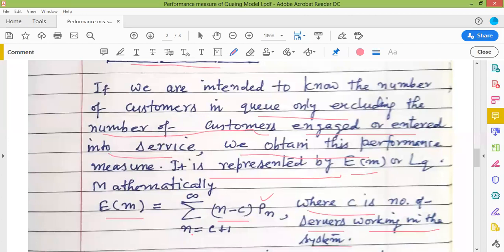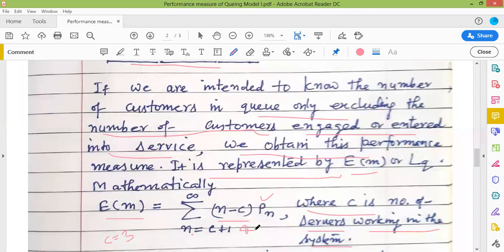If c is equal to 3, for example, then n will start from 4. c plus 1 means 4. So this summation will range from 4.